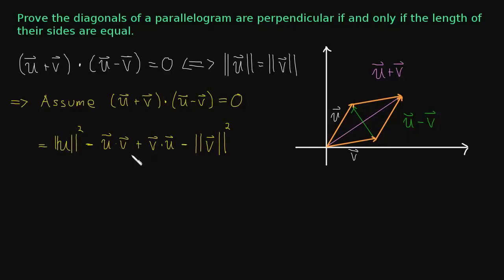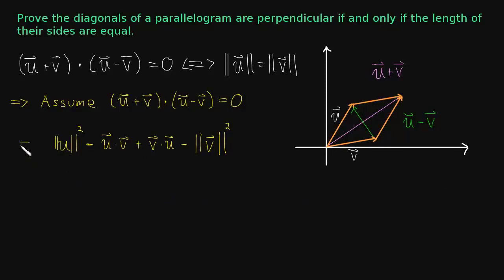Okay, the dot product is commutative, and so u dot v is the same thing as v dot u. So we have a minus v dot u and a plus u dot v, so those are going to cancel out.